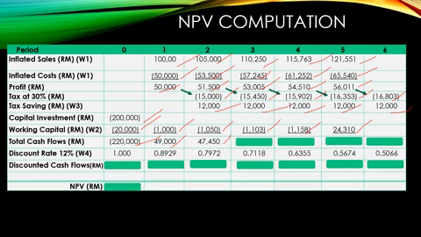That is, the profit 51,500 ringgit, you minus with the tax at 30%, 15,000 ringgit, plus with the tax saving, and you need to minus with the working capital. For year 3, the amount will be 48,452 ringgit. Year 4, 49,451 ringgit. Year 5, the amount will be 75,968 ringgit.